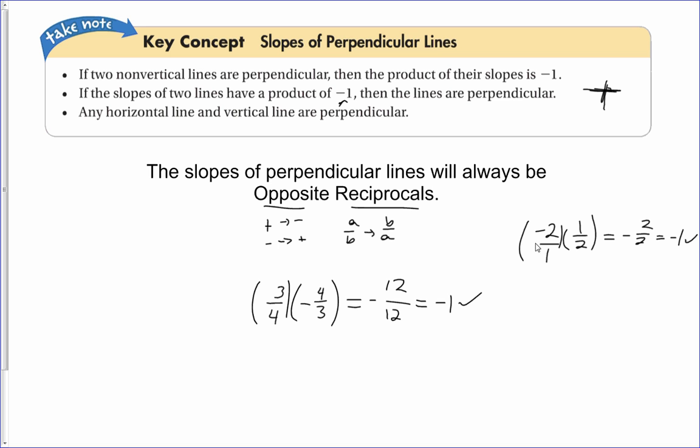So just remember, when you have a whole number, write it over 1, and then simply change the sign and flip it over. 3/4 became 4/3. Here we had -2, so we changed the sign to positive, and since this is technically -2 over 1, we changed it to positive and flipped it upside down to 1/2. All right?